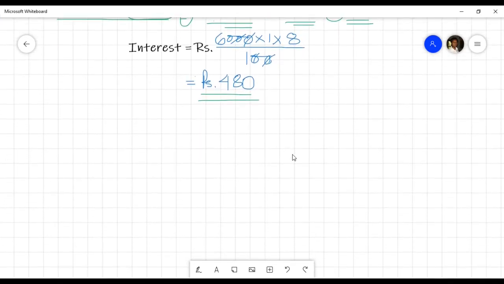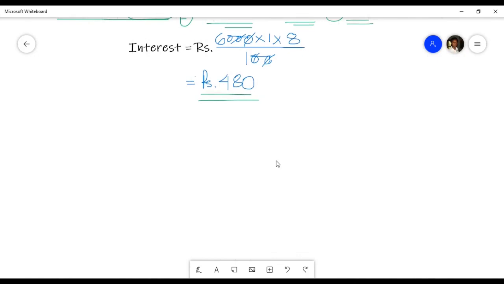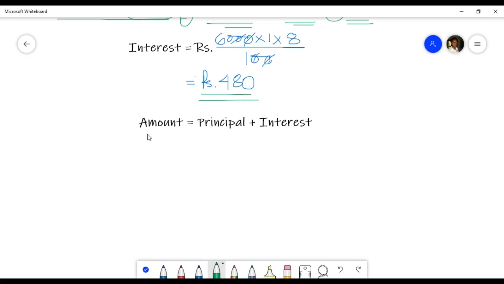The next step is to find the amount at the end of the first year. And how do we find amount? The formula is principal plus interest. The initial principal is rupees 6,000, plus interest.